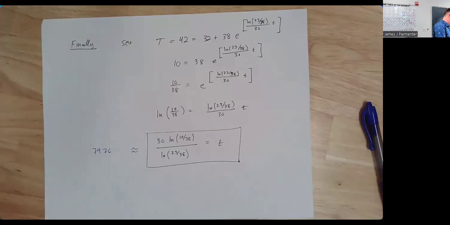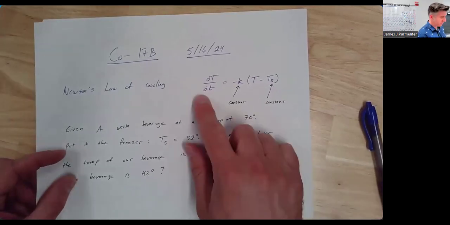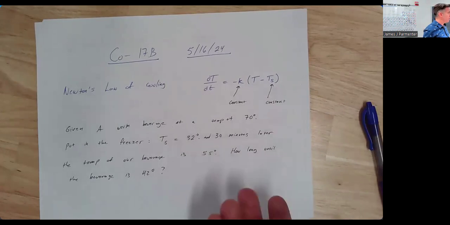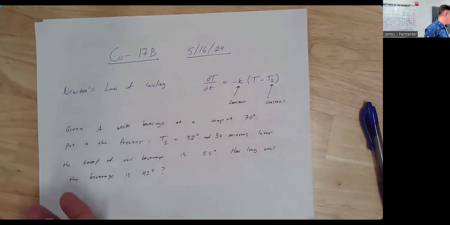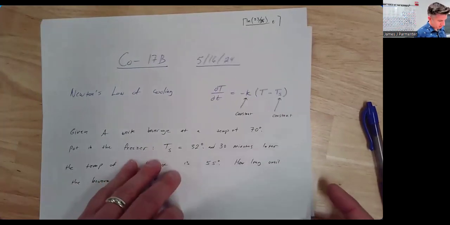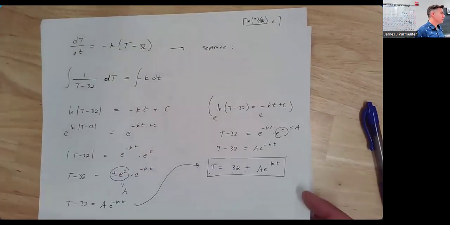We start off with the differential equation, and then we either separate or use a first order linear. Usually you only have one choice. Here, I will again mention you could have done it either way. Then you solve it, and then you have to solve for your constants.